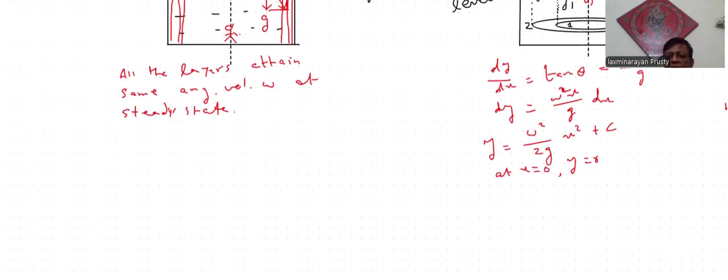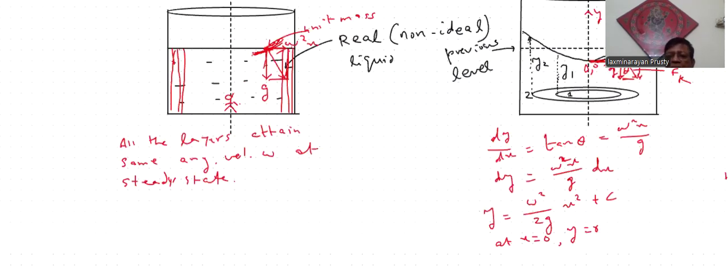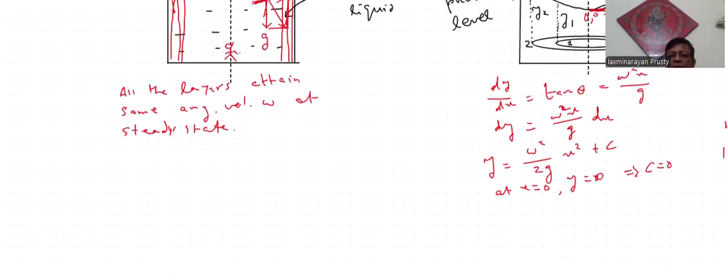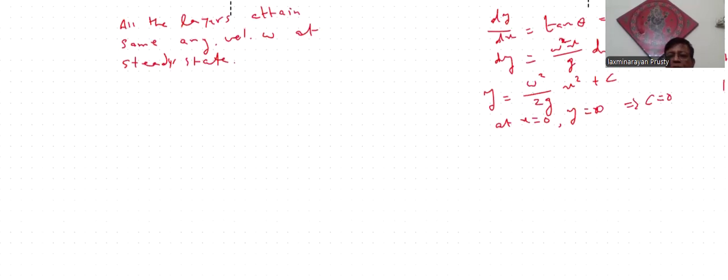So if I take the origin at the lowest point of the parabola, then x0, y0, then I get c also 0. So the final equation is y equal to omega square x square by 2g.